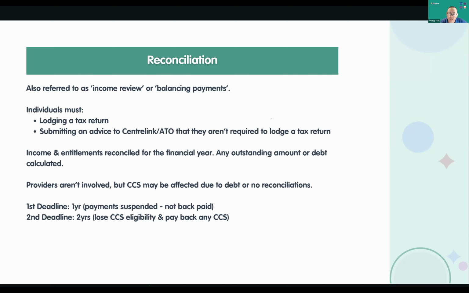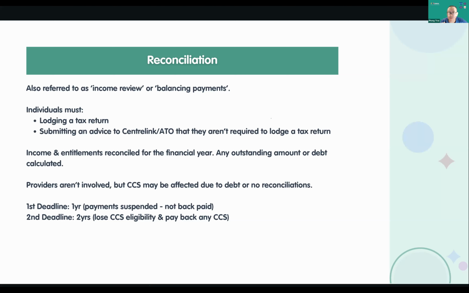Once your income hasn't been reported for 2 years or more, the implication is that you lose CCS eligibility and it's not going to be back paid. When you lose eligibility for CCS as a family, you actually have to go through the entire enrollment or eligibility process with CCS again, so that they can reinstate your entitlements.